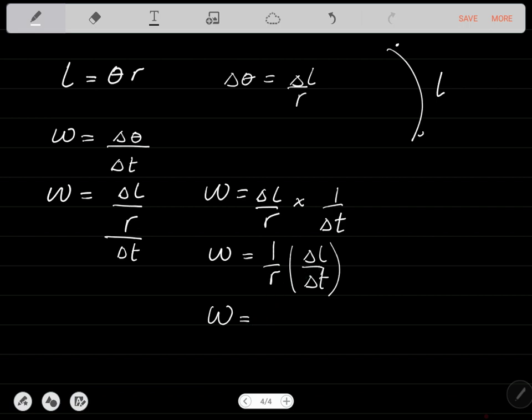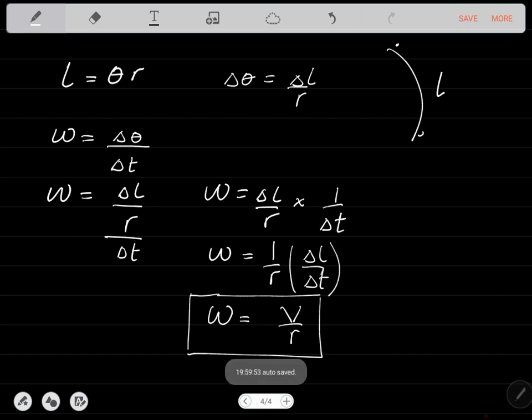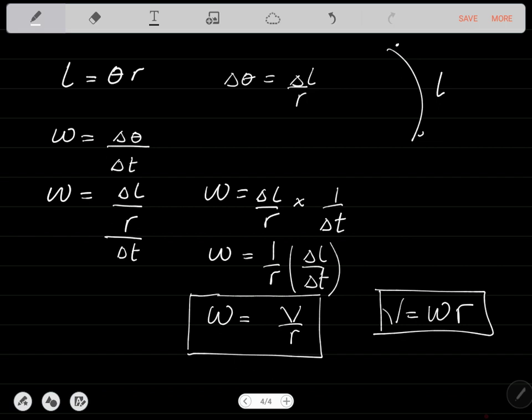It's the same thing as distance over time. What is distance over time? It's velocity over R. So the relationship between angular speed and the velocity itself is that velocity is equal to angular speed multiplied by R. Done.